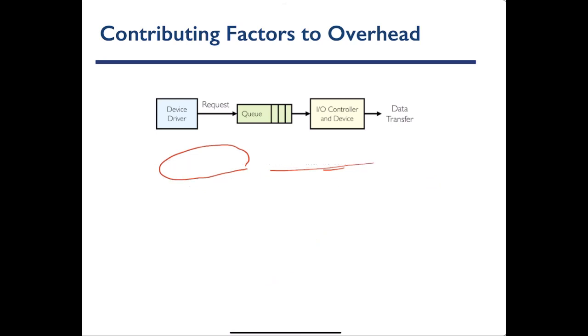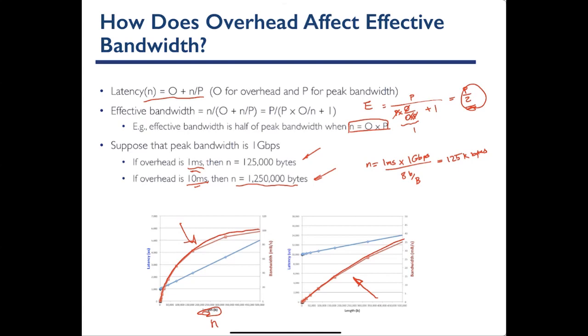So going back, somebody is asking, so greater overhead is better? No, it's actually vice versa. More overhead means lower effective bandwidth. It means that you need to send more data to achieve the effective bandwidth that you could have achieved with less data when the overheads were lower.